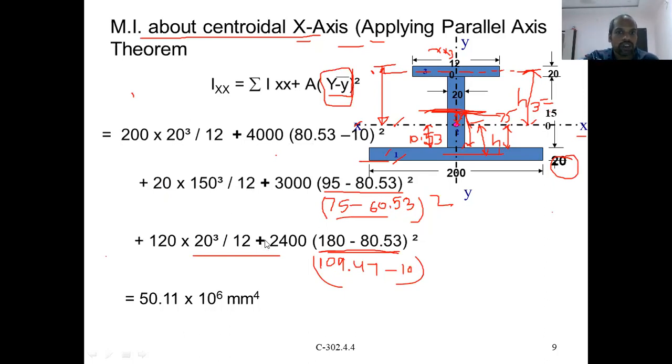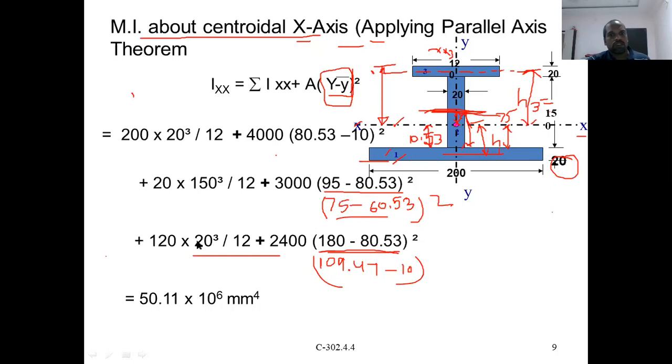But see, there is a restriction on the number of digits. You may or may not get all three terms, but at least you can do two calculations. So like that you have to calculate.